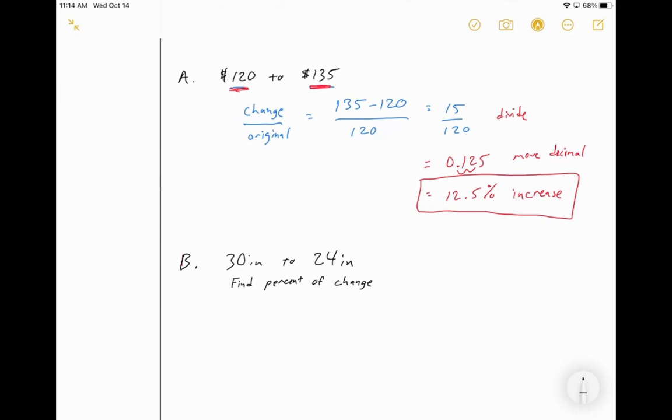All right, and don't forget to tell me if it's an increase or decrease.